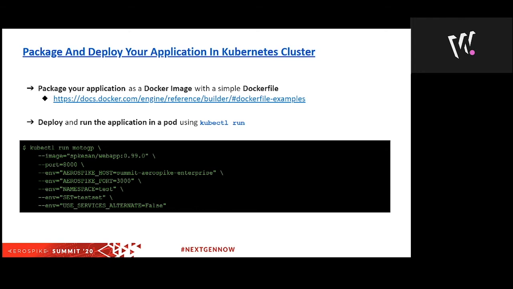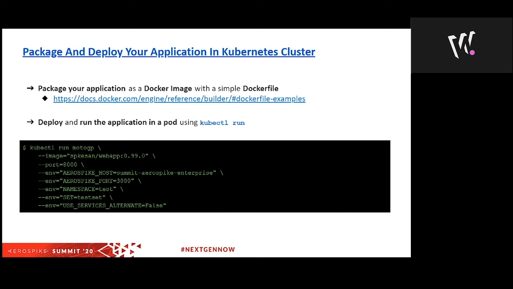Next is another method where you can also deploy your application inside the Kubernetes cluster as a pod. So what you need to do is package your application as a Docker image with a simple Dockerfile, and then similar to your Docker run, something like kubectl run, you can directly deploy your application as a pod inside your Kubernetes network.